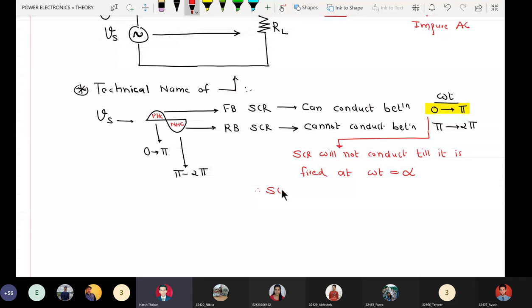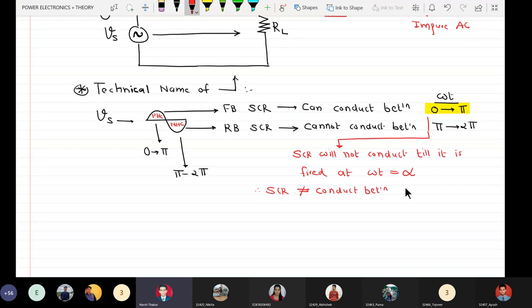Therefore, we can say the SCR will not conduct between omega t equal to 0 to alpha.